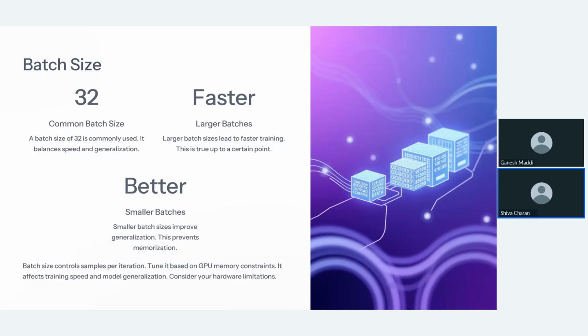Let's say I have very low computational resources. In that case, a large batch size can lead to faster training, or else it can lead to a slower training process also. The commonly used default batch size is 32 mostly.